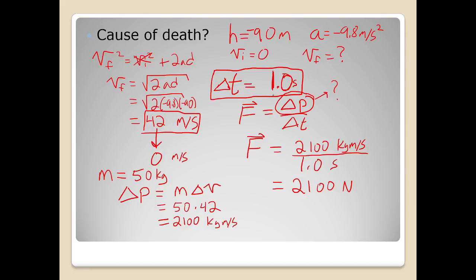You put padding so that you can increase the amount of time it takes to stop your object. And by doing that, even changing it by just 0.8 seconds changes the amount of force quite a bit. In this case, it changed it from 10,500 newtons to just 2,100 newtons.